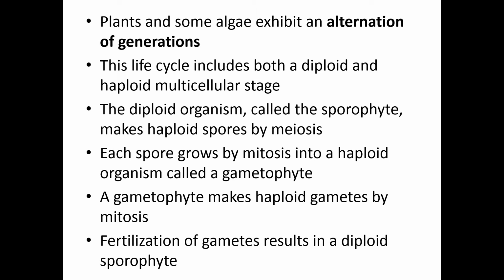Plants and algae have an alternation of generations. In this case, you're looking at a life cycle that includes both diploid and haploid multicellular stages. The diploid organism is the sporophyte. The sporophyte is responsible for making haploid spores by meiosis.